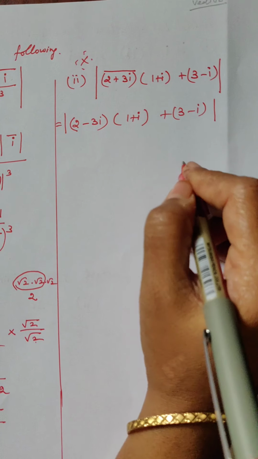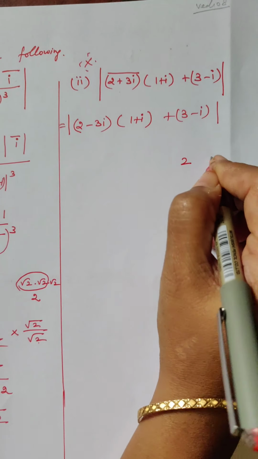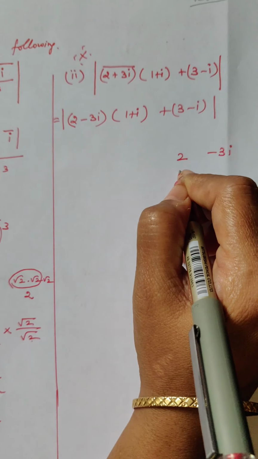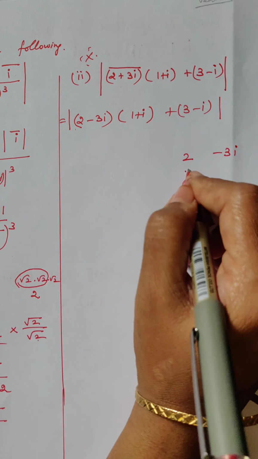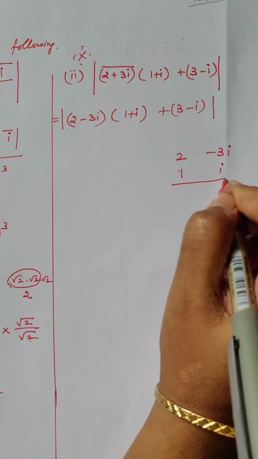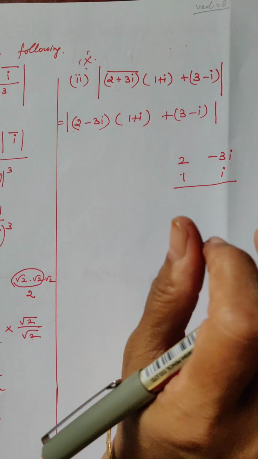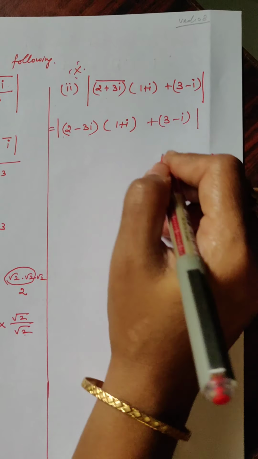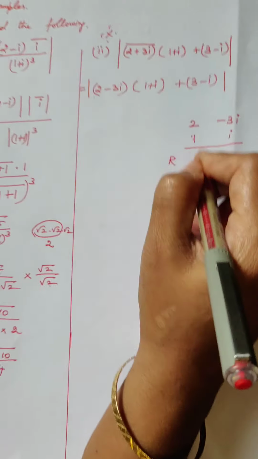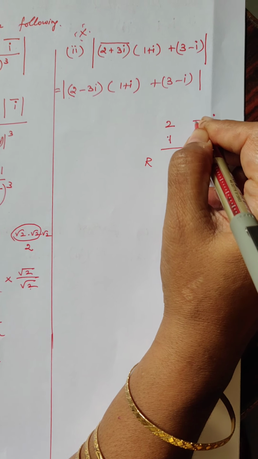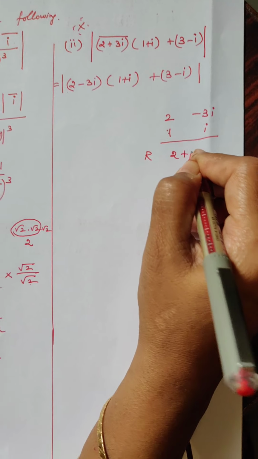How to multiply? In order to find the complex number, we are separating it into two parts, real part and imaginary part. 2 minus 3i, 1 plus i. Real part is 2 ones are 2, i square is minus 1, minus into minus is plus, so 2 plus 3.